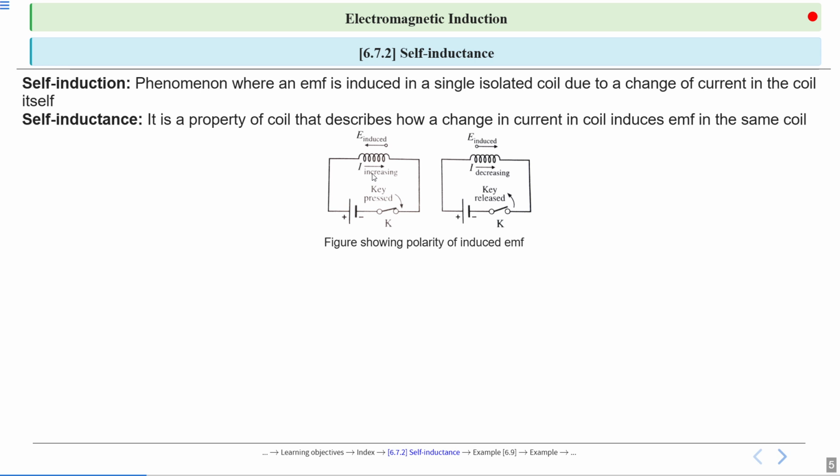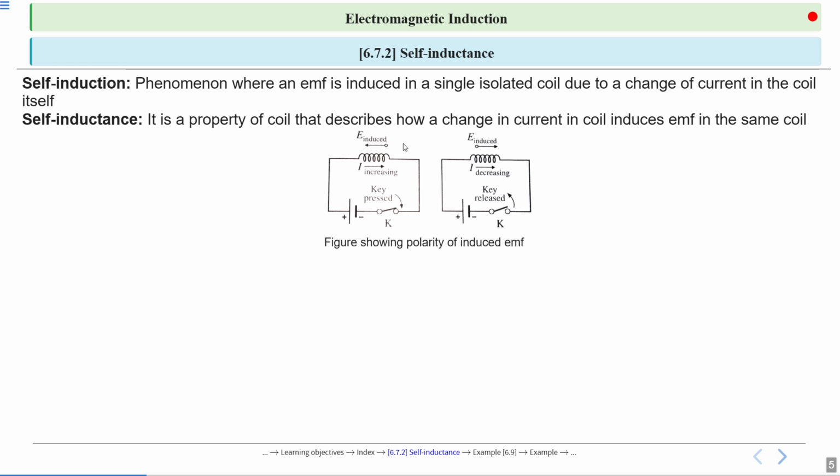It will try to decrease the current. So the direction or polarity of the EMF will be in the opposite direction. We can assume the positive terminal here and the negative here.